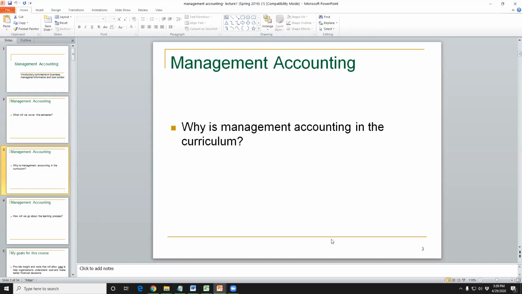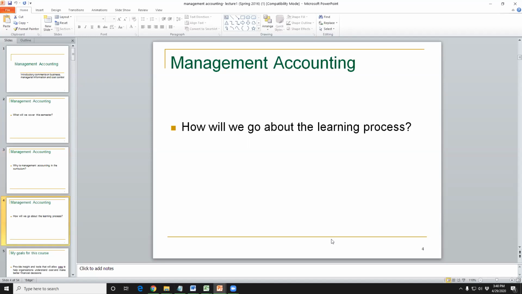And whether you pursue this career track or not, what you'll find is that every organization needs somebody who has an understanding of the roles and responsibility of what management accounting can bring to organizations.